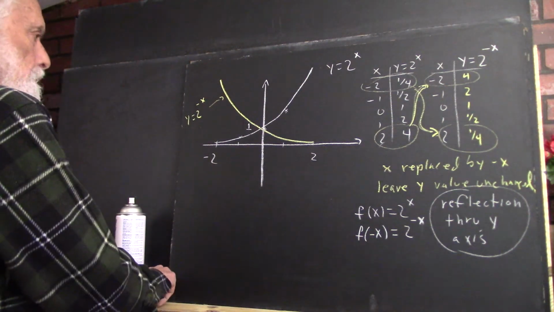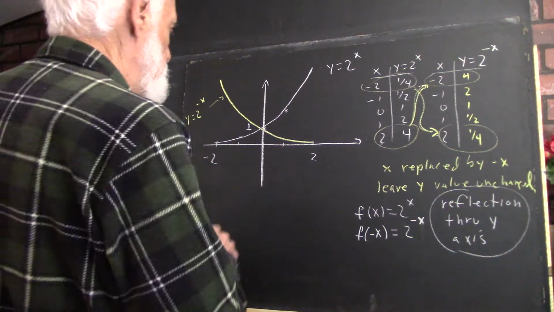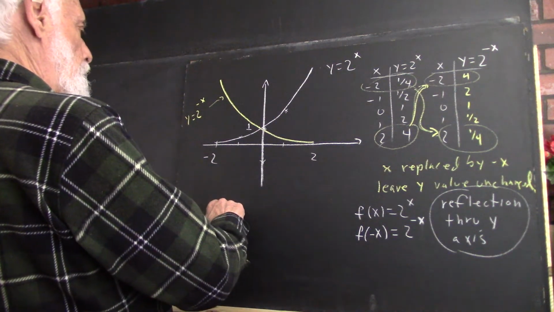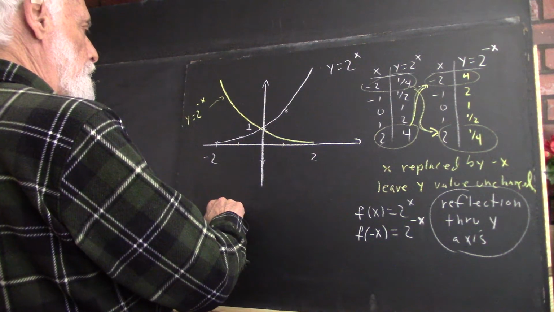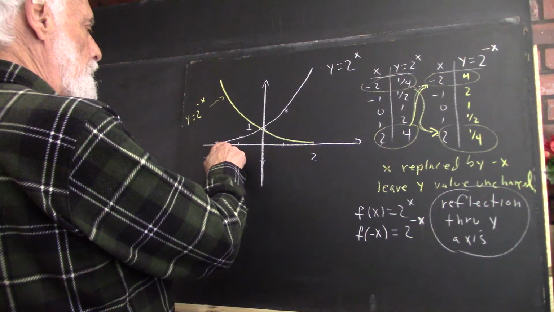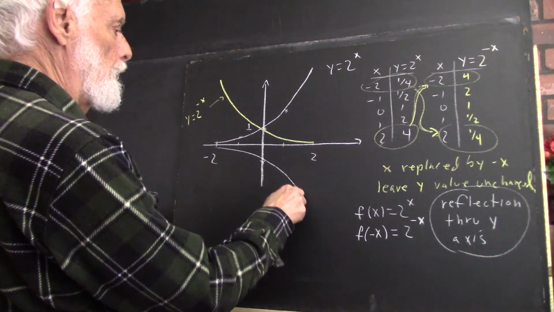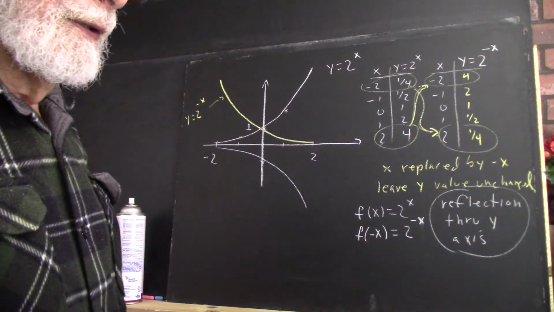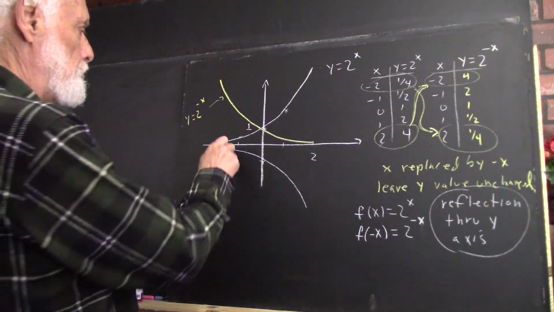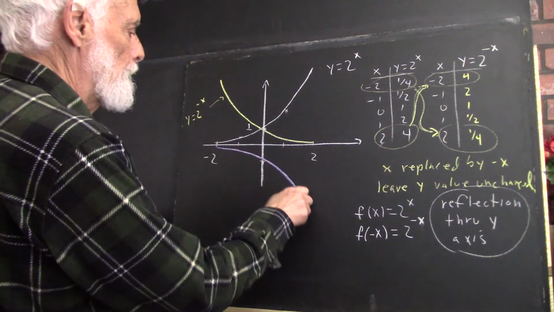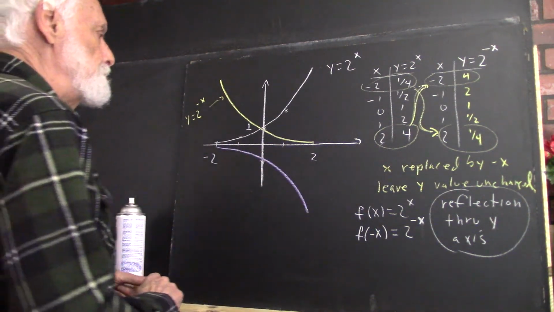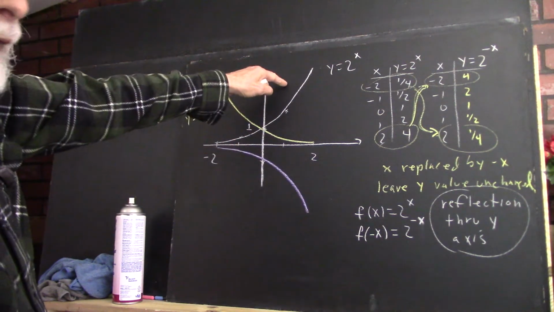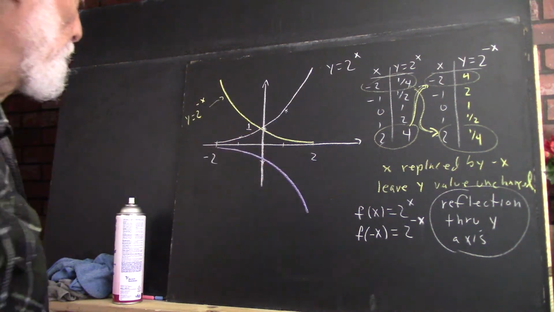If you have this function, which I should maybe draw in a different color, this is a reflection of the 2 to the x function through the x-axis.